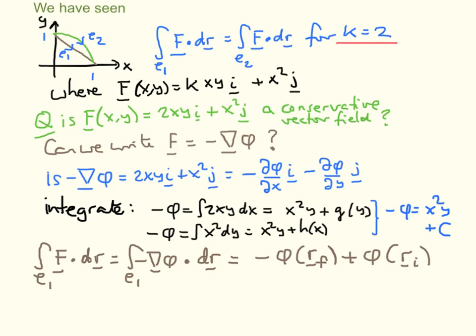And at the final point, we have that x is 1 and y is 0. So x squared y becomes 1 squared times 0, so the potential minus phi is 0. So we have minus 0 plus, and now at the initial point we have x is 0 and y is 1. And when x is 0 we have 0 squared, which is 0 times 1, so we're also going to get plus 0.